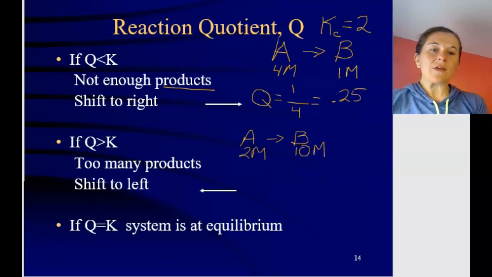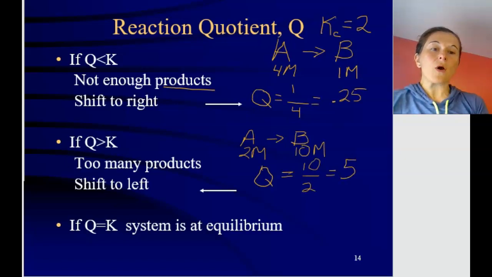Okay, so already we can see that we have a higher concentration of product than we do of reactant, but we don't know if we're at equilibrium or not, because remember, these guys don't have to be equal. They just have to be constant. So let's take a look at that. So for our Q, we're going to put 10 over 2, which equals 5.